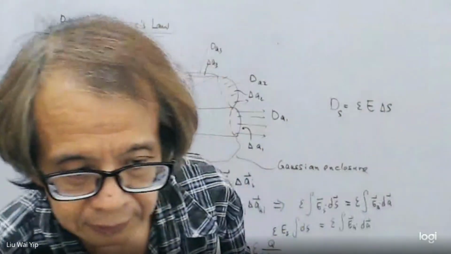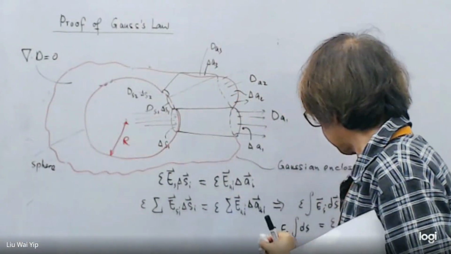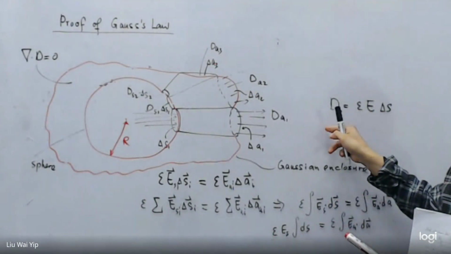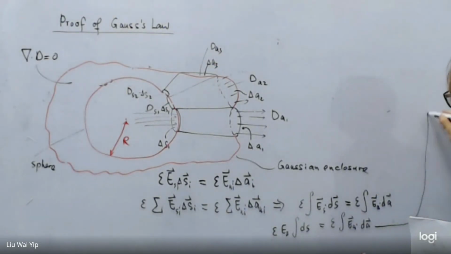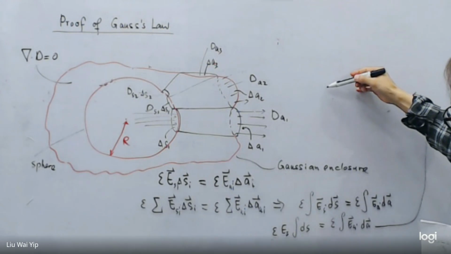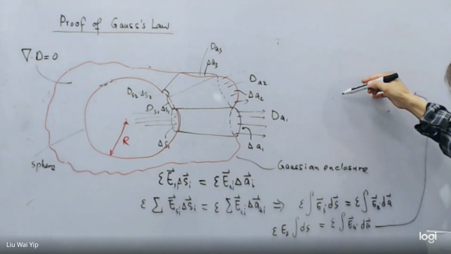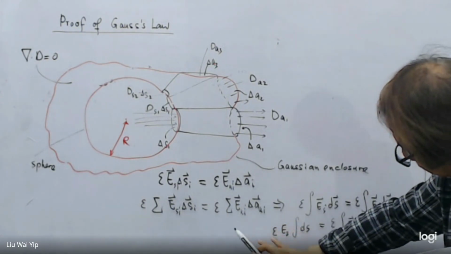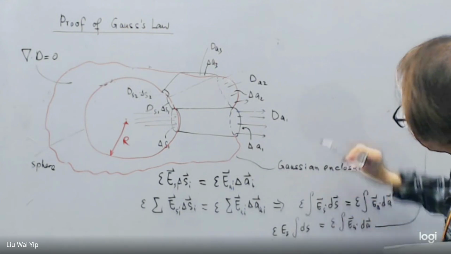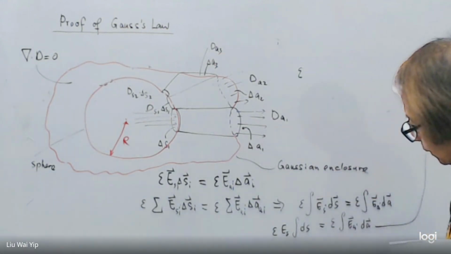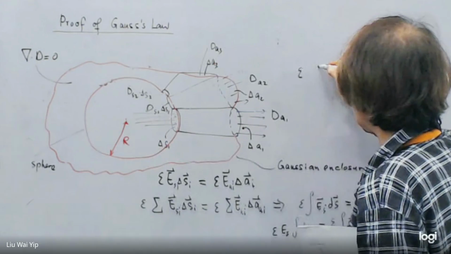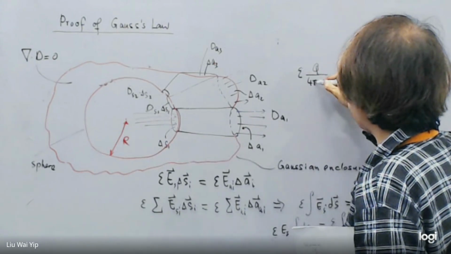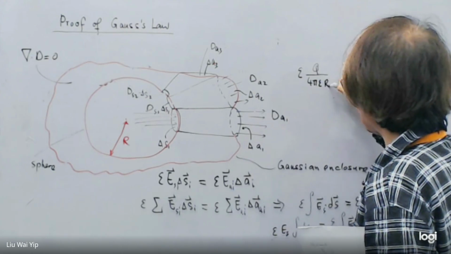So I am going to rewrite it in here. I am using the arrow to point to here. This is an indication that I am going to continue in this area. So on the left side of this equation, we have epsilon and E of S. E of S can be calculated by Coulomb's law, which is Q over 4 pi epsilon r squared.